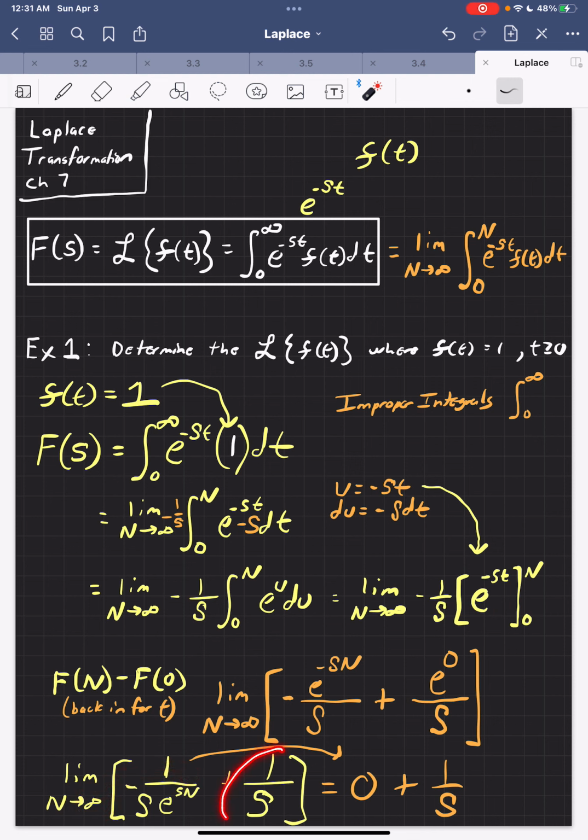This 1 over s is not affected by that limit because there's no n in the 1 over s. So if you take $1 and divide it up an infinite amount of ways, nobody gets any money. So what you're left with is just 1 over s, and that indeed is the Laplace transformation. That is your answer. Of course, the domain is s has to be greater than 0.